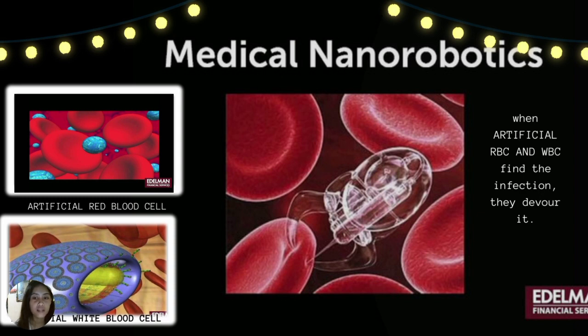When these artificial RBC and WBC find an infection, they devour it, helping the infections inside our body to perish.